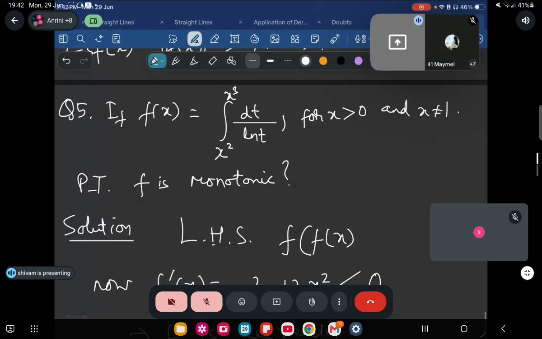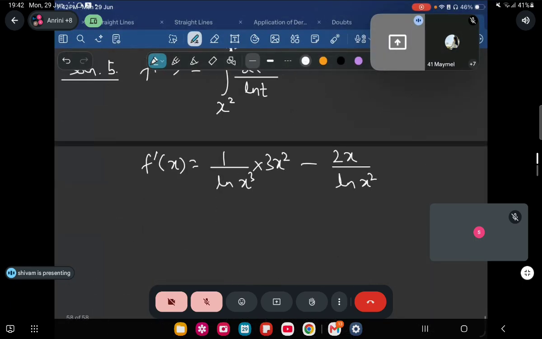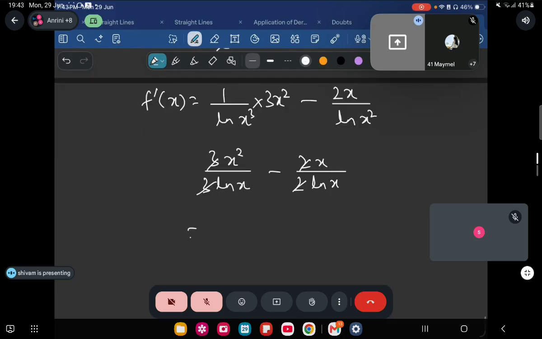Over here, x is greater than 0, so no problem. See, this will become 3x square upon 3 ln x minus 2x upon 2 ln x. So 2, 2 gets cancelled. Over here, 3, 3 gets cancelled. Taking ln x as LCM, numerator would be x square minus x, which will give us x into x minus 1 upon ln x.